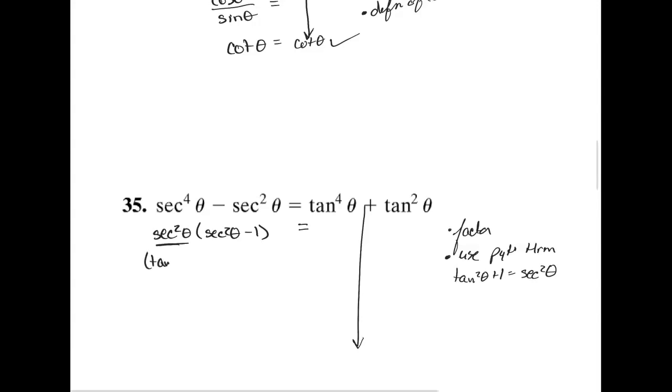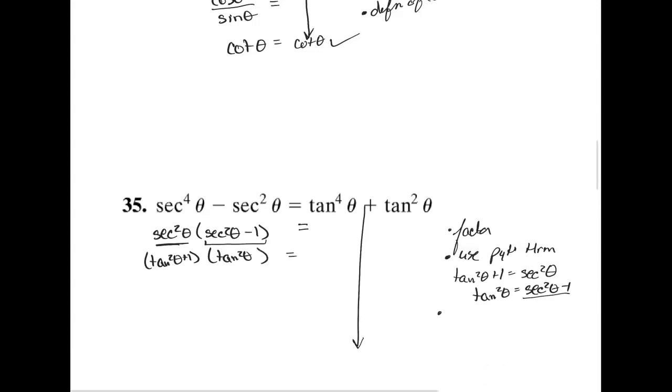So secant squared is equal to tangent squared of theta plus 1. And then I'm going to do a rewrite of that for that second piece. So this means that tangent squared of theta is equal to secant squared of theta minus 1, just rewriting that Pythagorean identity. And then we see we can make that substitution here for tangent squared of theta.